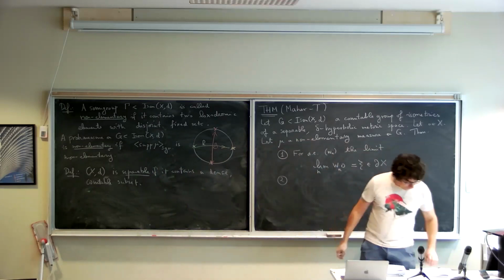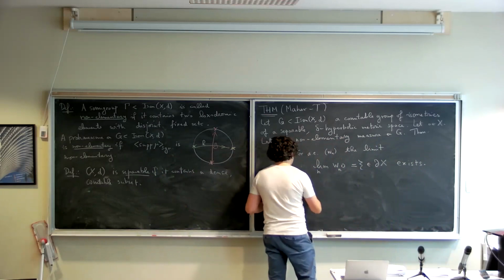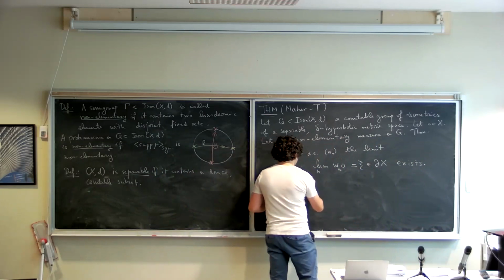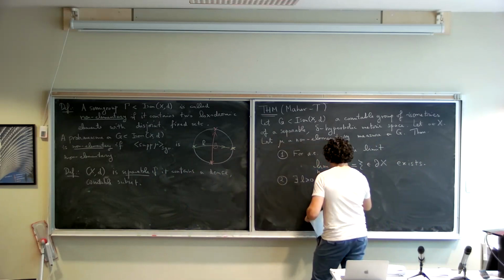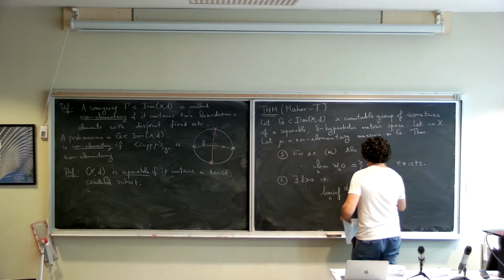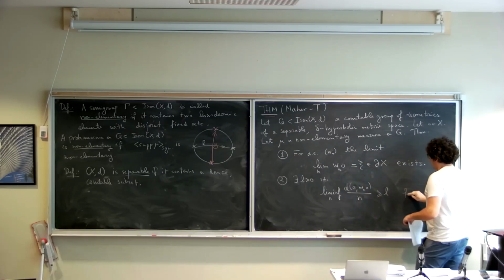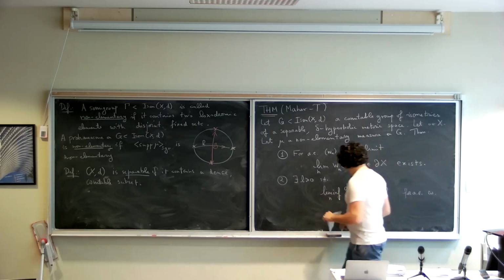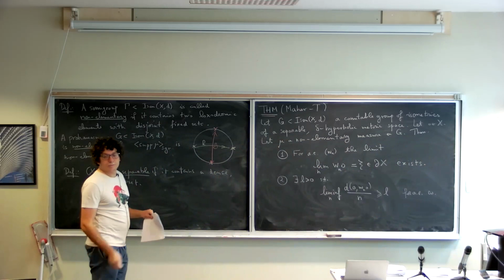The other one is, you also have something like positive drift. If there's no finite first moment, you cannot say that the drift is finite. So there exists L positive such that the limit over n of d(o, w_n o) over n is at least L for almost every omega. So the random walk does escape.